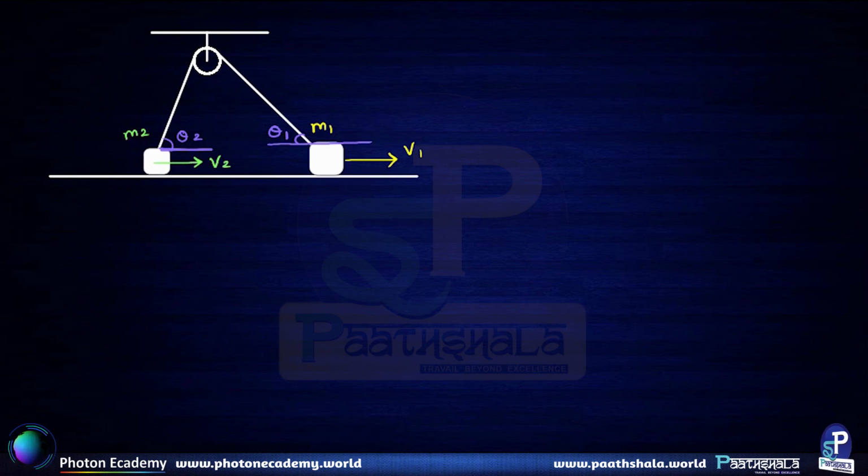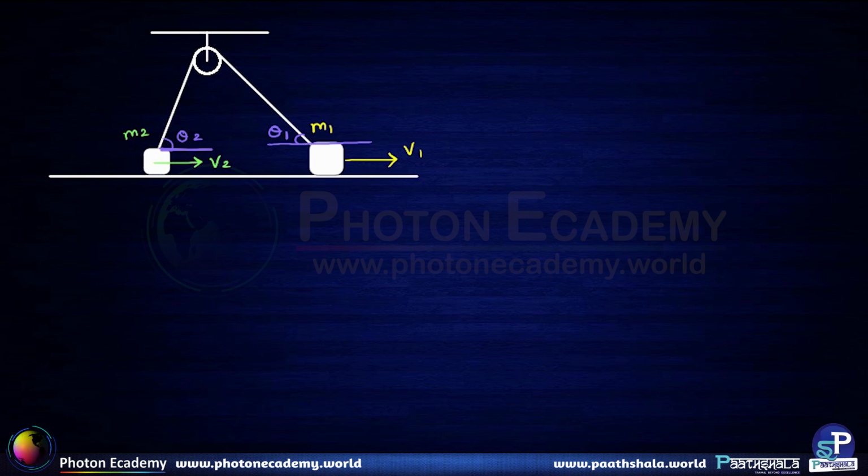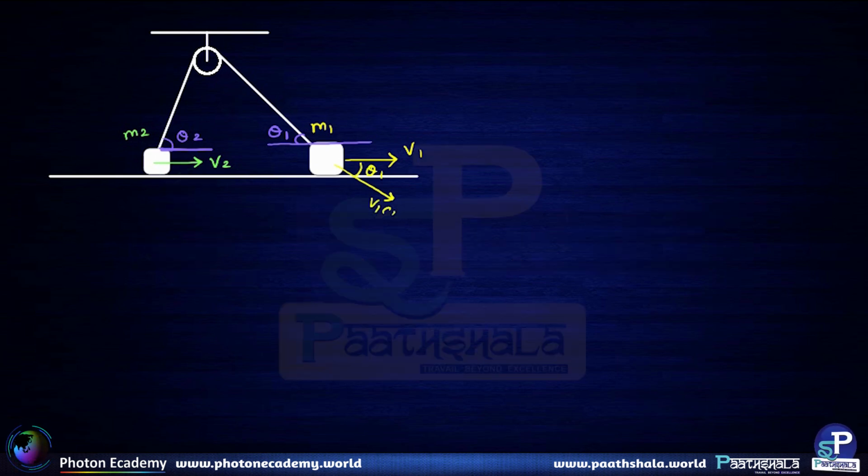Now according to our principle, we have to use constraint motion equations along the length of the string. The length of the string that passes over the pulley and goes towards the right hand side is going to vary as v1 cos theta 1, and this length of the string is going to vary as v2 cos theta 2.